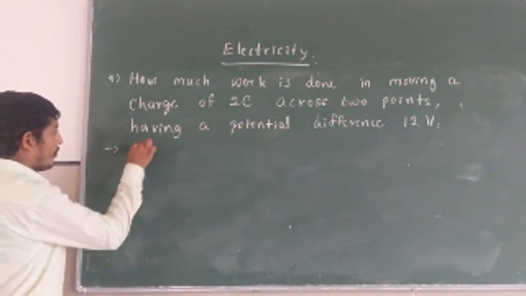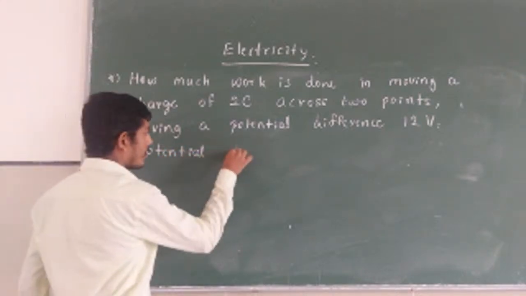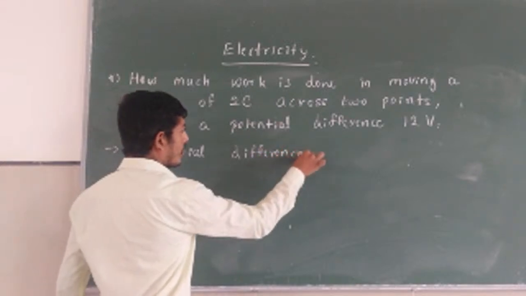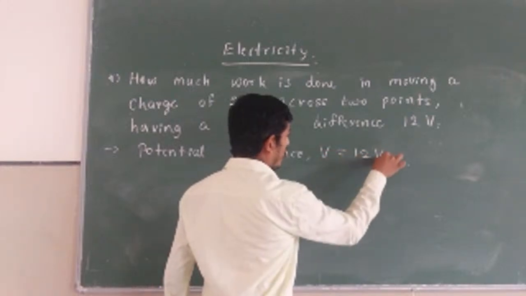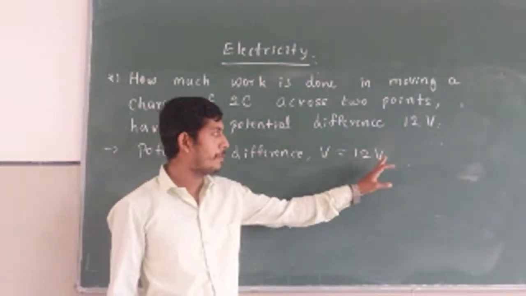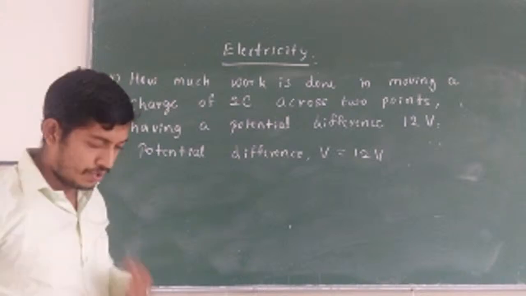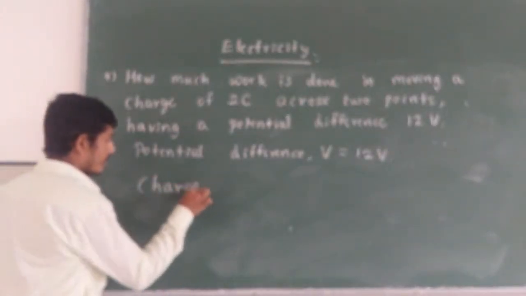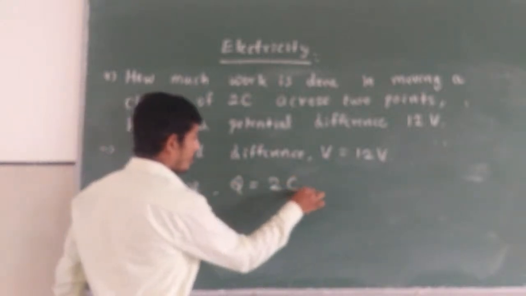So first we will write the given data. That is potential difference V equals 12 volt. So this V is different, that V is different. This is used to represent potential difference and this is used to represent the volt. Then charge is given, Q equals 2 coulomb.